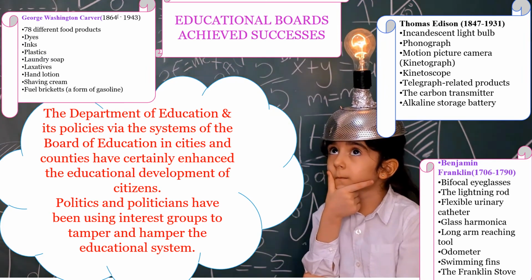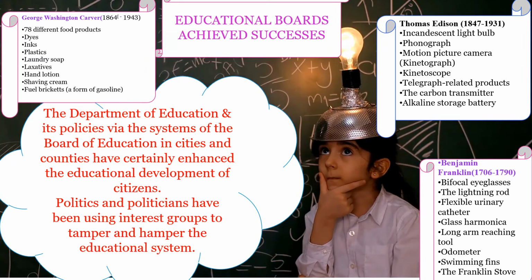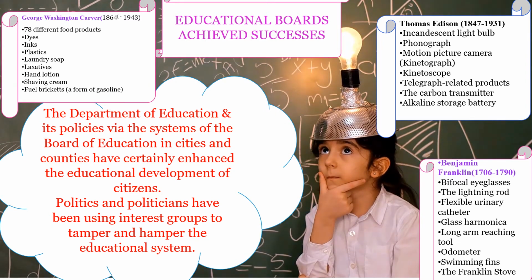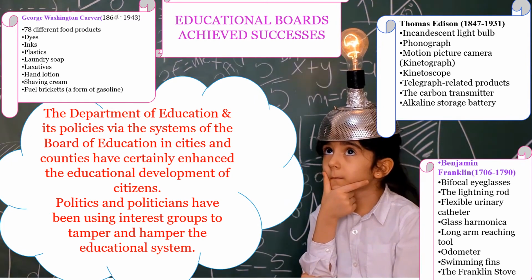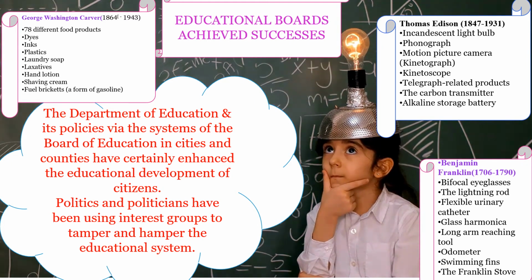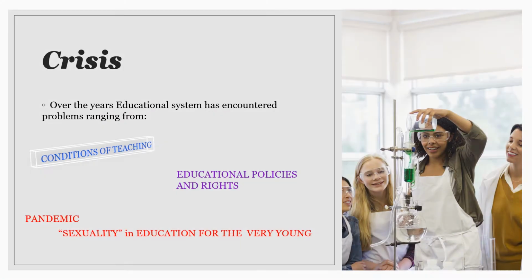However, politics and politicians have been using interest groups to tamper with and hamper the educational systems. And thereafter, what happens? Crisis. The educational system in the United States has been encountering a lot of crises.